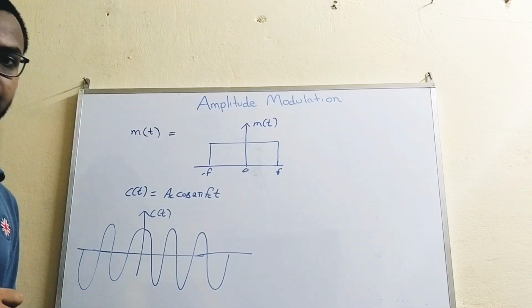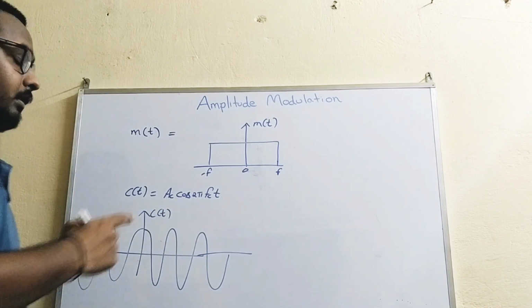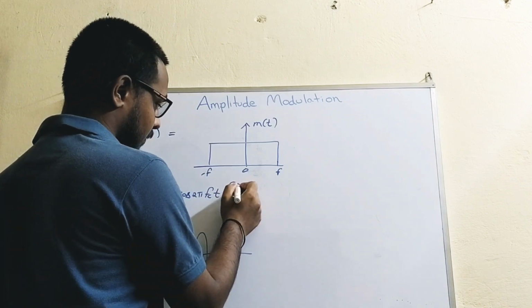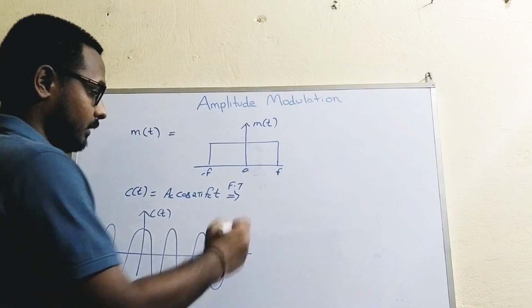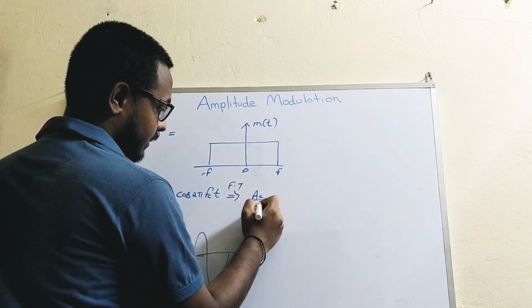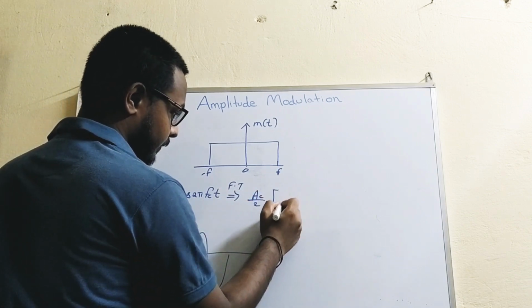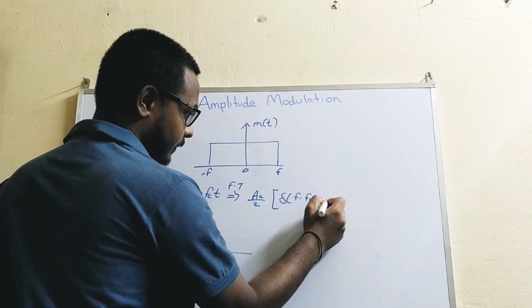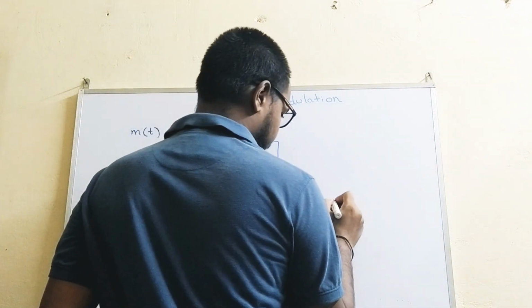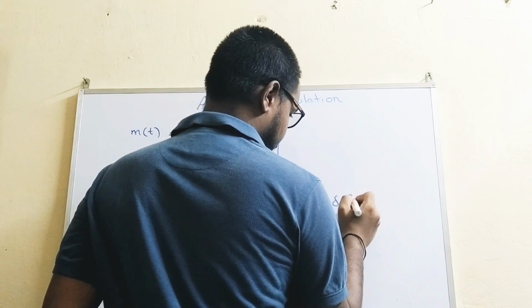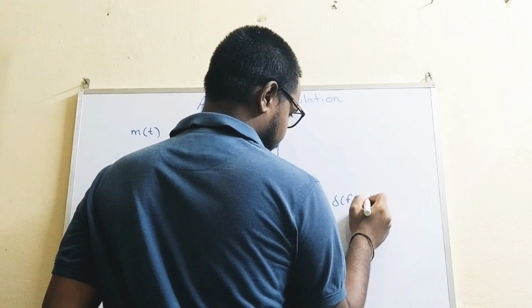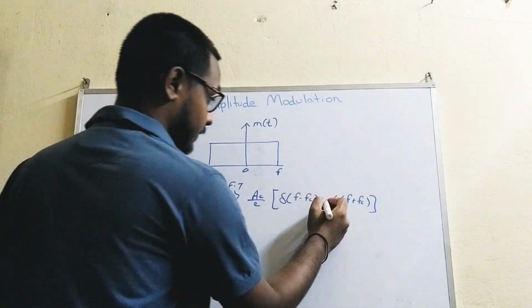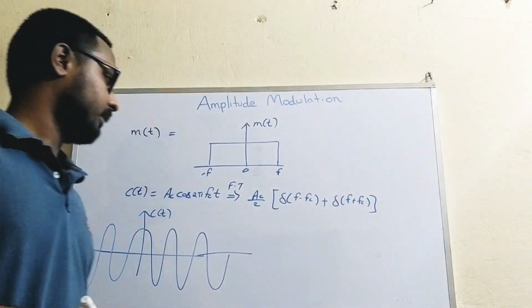This is my c(t). The Fourier transform of this carrier signal is Ac by 2 into delta of f minus fc plus delta of f plus fc.